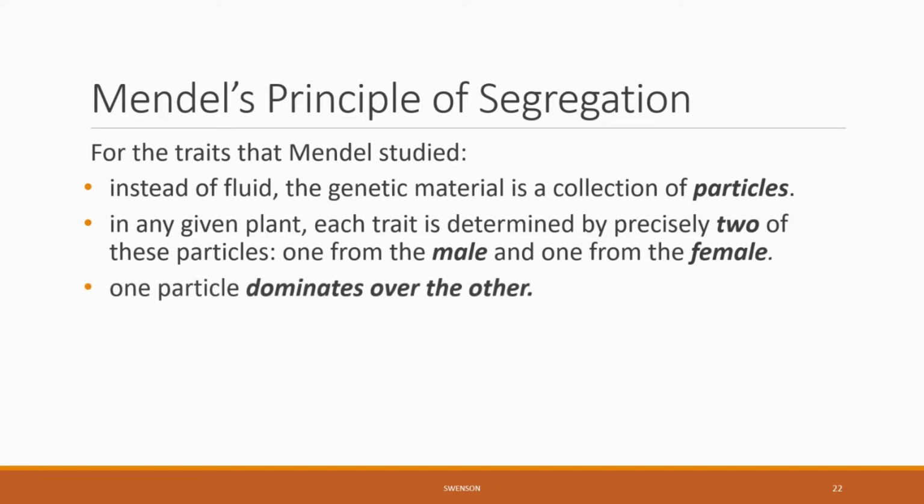And this collection of particles contained one particle that was dominant over the other. In other words, one of these particles, if present, would rule what sort of expression or outwardly behavior or physical characteristic that organism had.